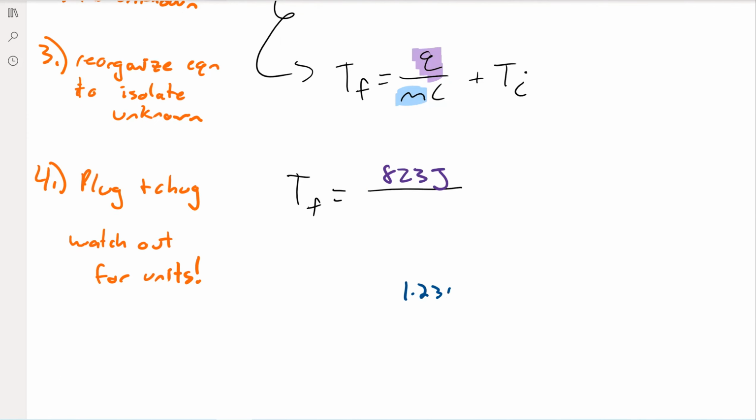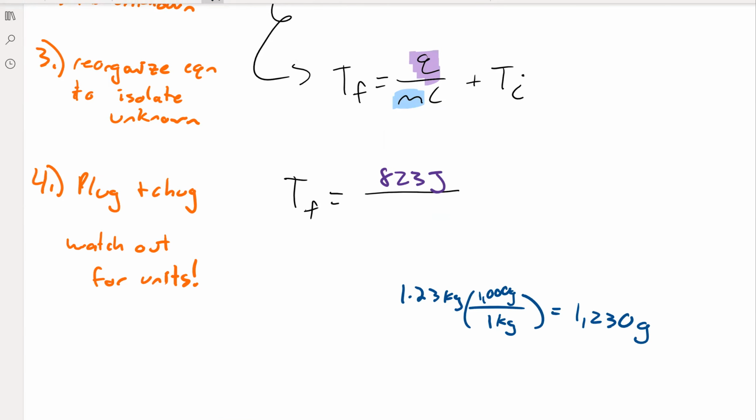So we have 1.23 kilograms. For every 1 kilogram, you've got 1,000 grams. So you end up with 1,230 grams. Plug that in there.